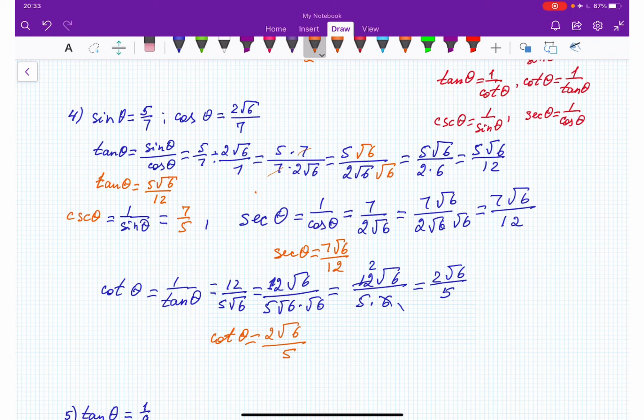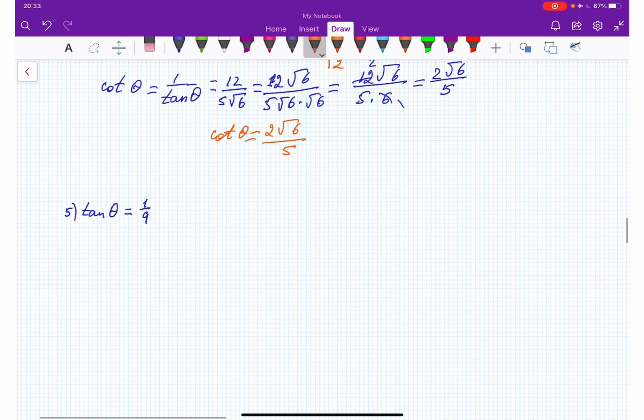Okay, now it's given tangent, which means we are going to find sine, cosine, cosecant, secant, and cotangent. All right, let's start working on it. So, tangent is equal to 1 over 9.